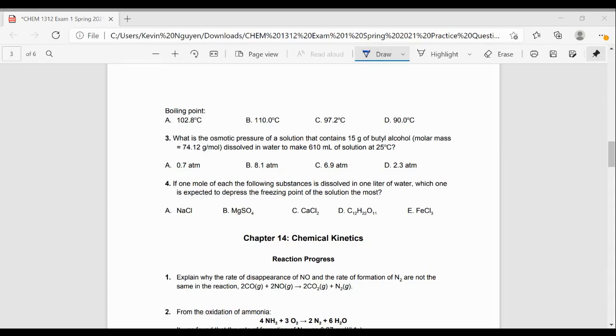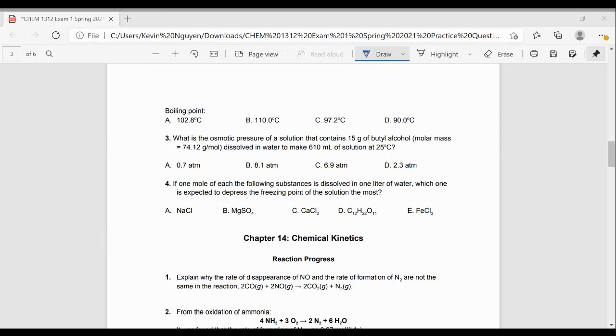And then for C, we have a Van Hoff factor of 3 because we have 3 ions, calcium 2 plus and 2 chlorines. For D, we have a Van Hoff factor of 1 because it is a non-electrolyte. It is not ionic.